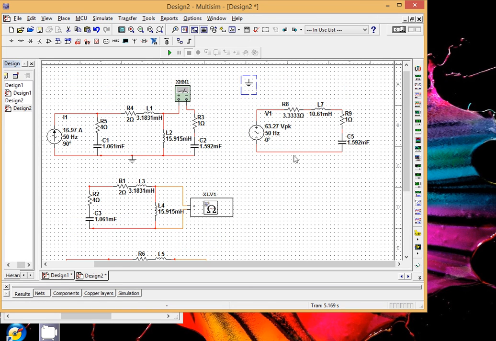And don't forget your ground. So this is your equivalent circuit, where this is your VTH and this is your ZTH. So you need to calculate what is the current flow to this load. So since this is a series circuit, the current flowing through the circuit is the same.